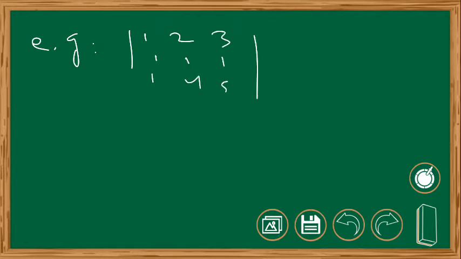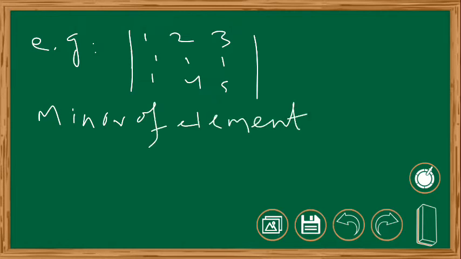Now look at this. Suppose I have a case 1, 2, 3, 1, 1, 1 and 1, 4, 5. I asked you that find minor of element 3. Minor of element 3, right?